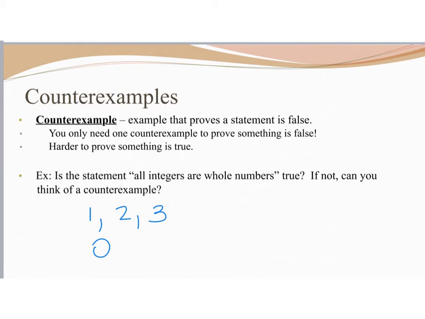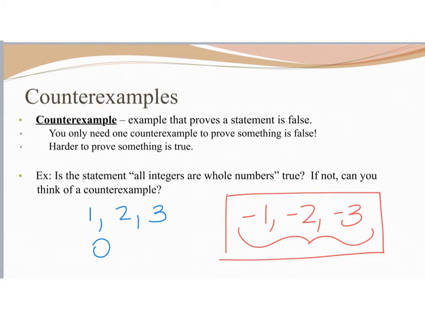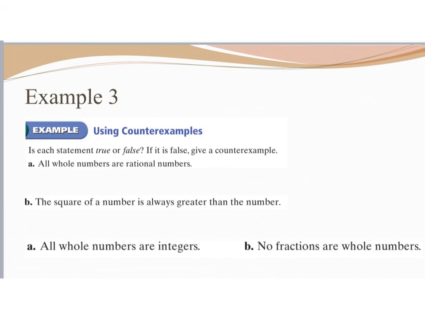However, once I start looking at my negative numbers, like -1, -2, -3, and so on, these are integers, but these are not whole numbers. So this right here is my counterexample that I would use to prove that this statement is false.